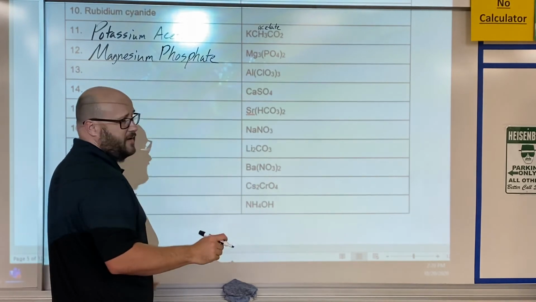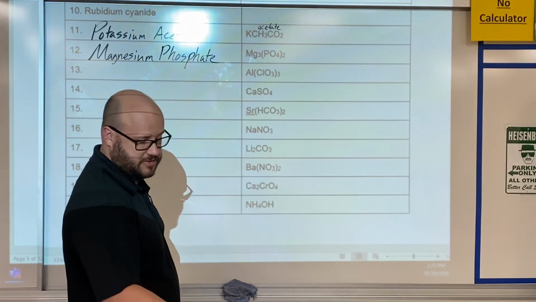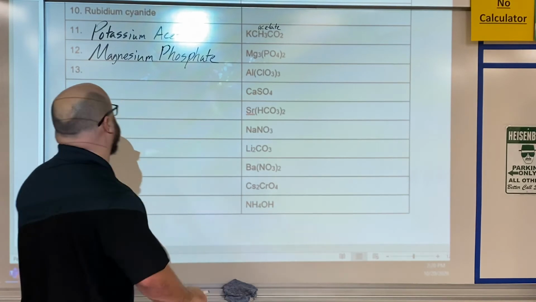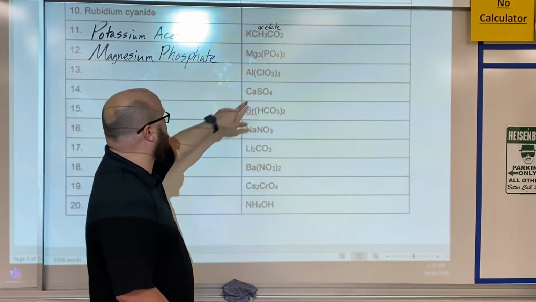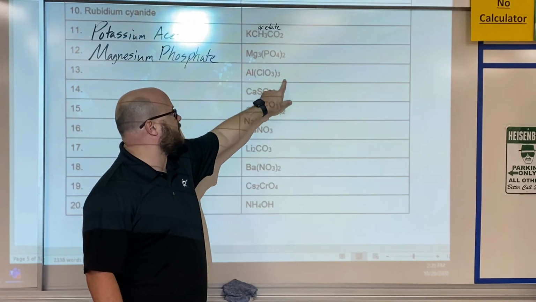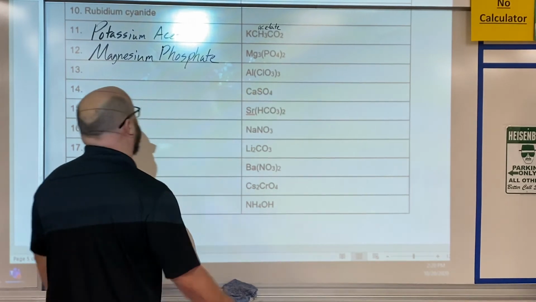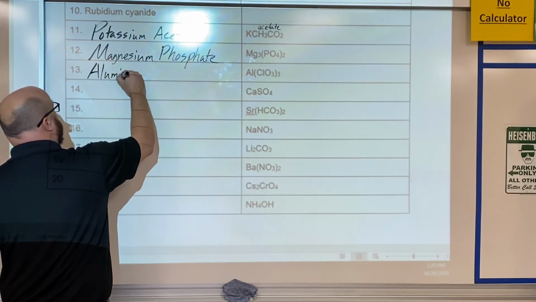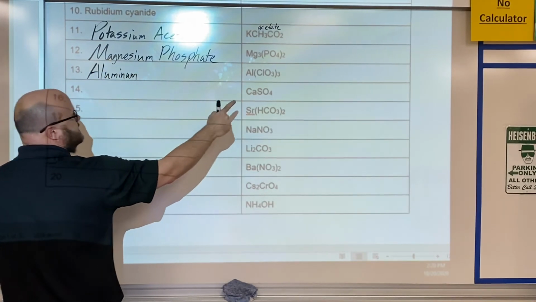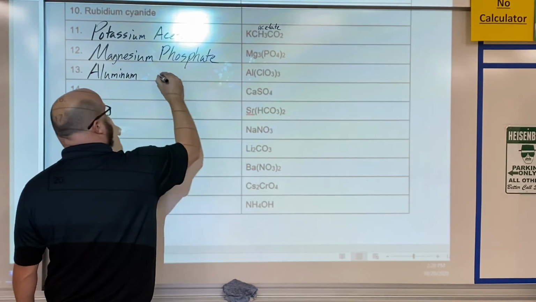And again, you don't even have to memorize these. Just look at the back of your periodic table. Let's see. Al(ClO3)3. Al is aluminum. ClO3 is chlorate.